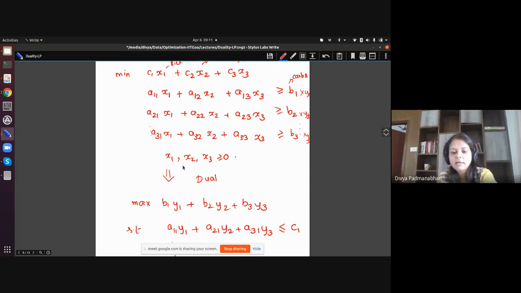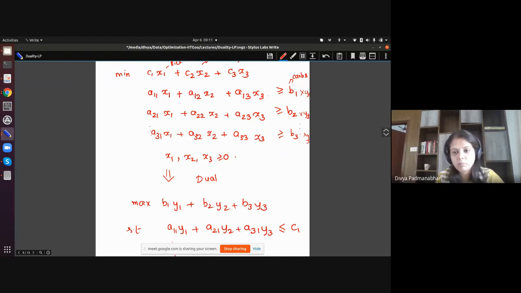What are the prices that you want to charge for each of these pills? There is one pill for carbs, one for proteins, one for vitamins, and so on. That is the interpretation that the dual has.